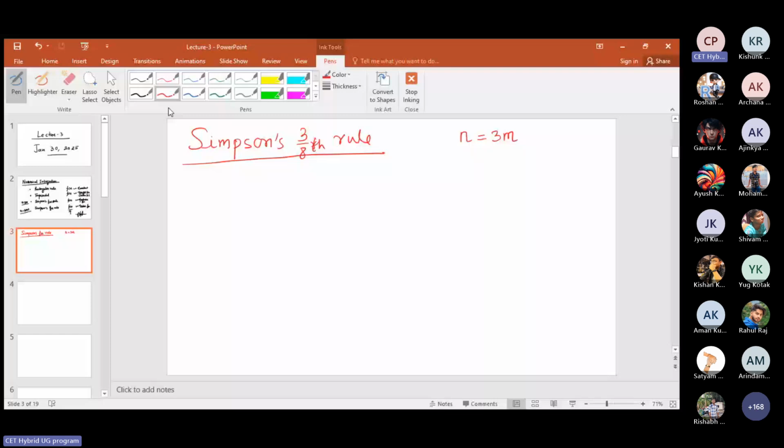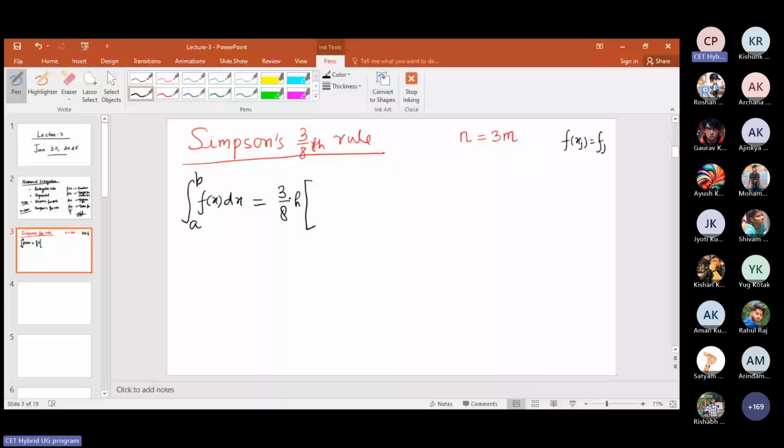Corresponding to the value f(x_j), we will call it f_j. For example, f(x_0) is f_0 and so on. Then the integration from a to b of the function f(x) dx is given by 3 by 8 h. That's why this is referred to as 3 by 8. In case of 1/3, you remember it was h by 3.